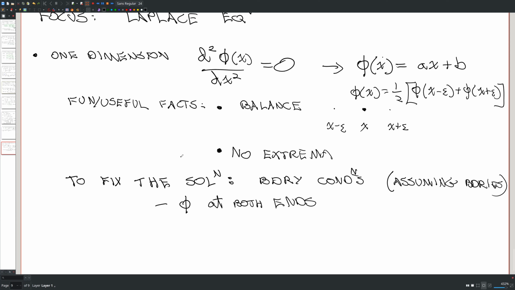Let's say I've got a finite interval, a segment, and I want you to give me the solution of the Laplace equation in this segment. Then you say, fine, tell me some information. This information can be: I tell you that the value of phi at the left boundary is so, and the value of phi at the other boundary is so. Two pieces of information. For any value that you give me, I will be able to find parameters A and B fitting those conditions and giving me a unique solution to the Laplace equation.